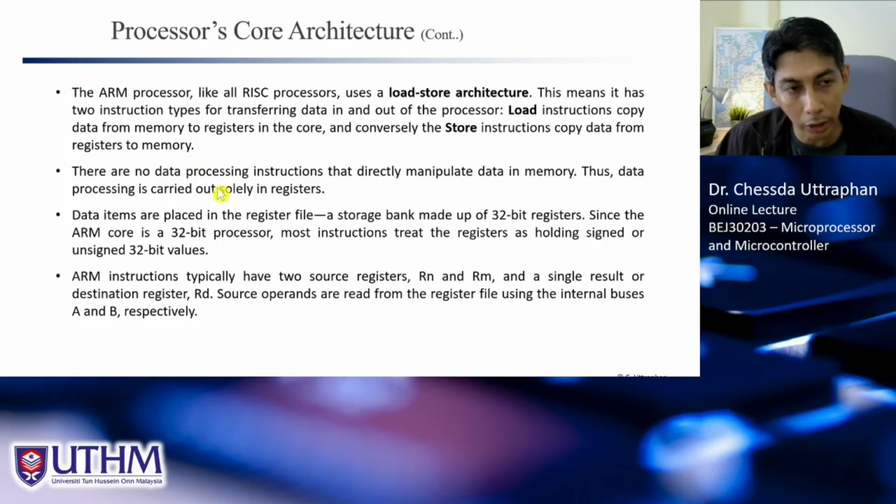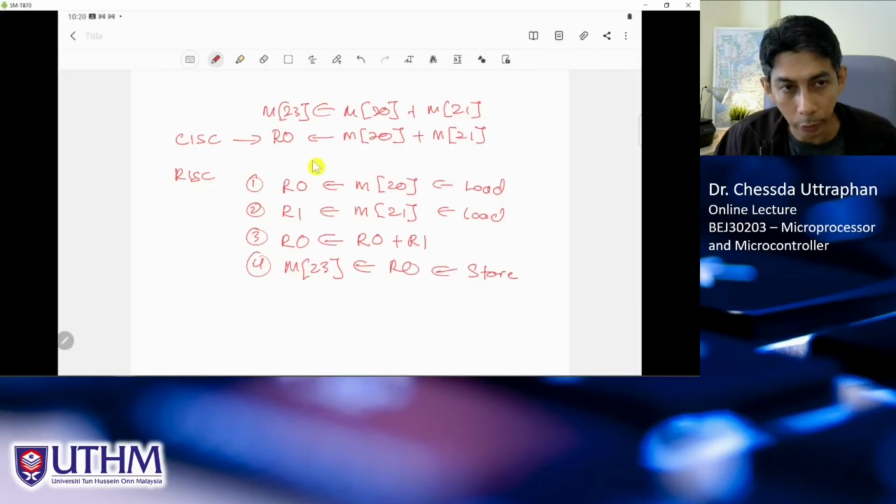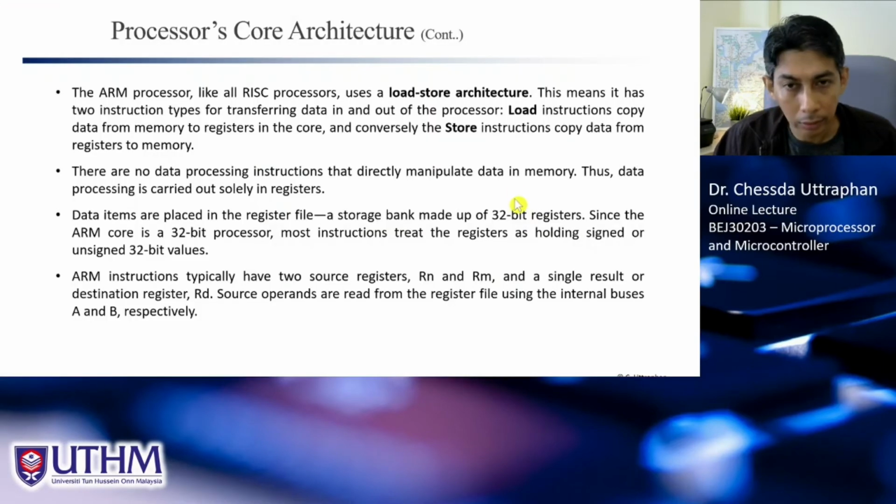There are no data processing instructions that directly manipulate data in memory, just like this one, which manipulates data directly in memory. There is no such instruction in RISC. In RISC, we need to do this. Thus, data processing is carried out solely in registers.